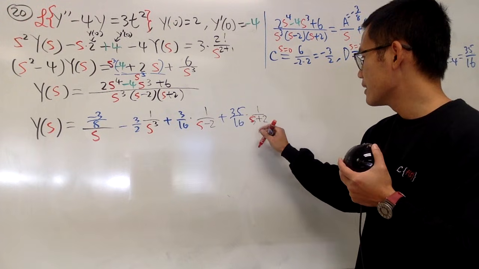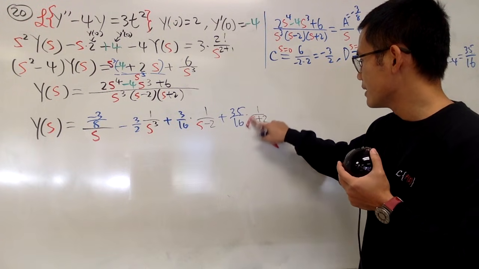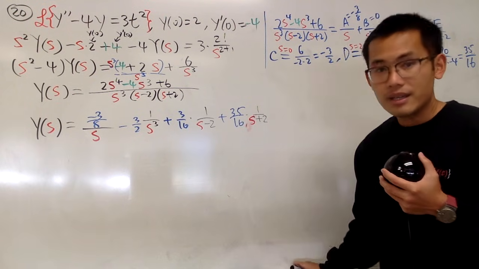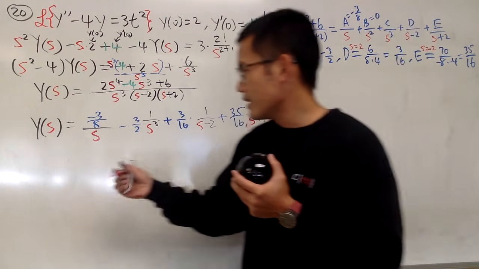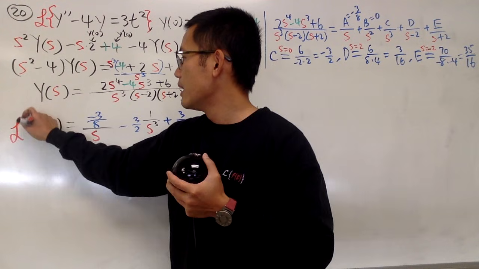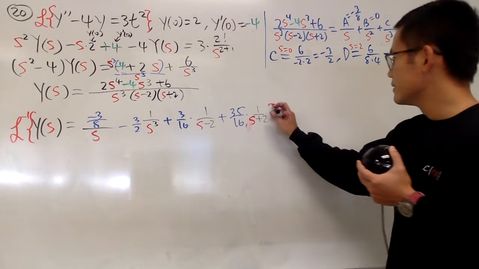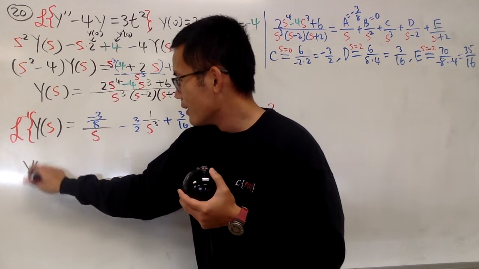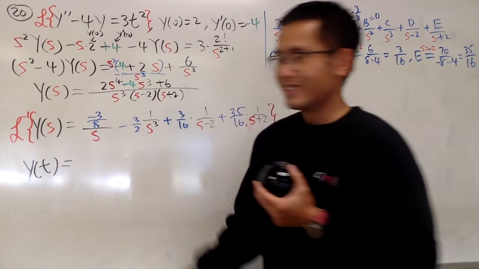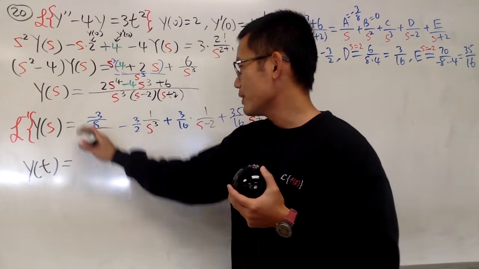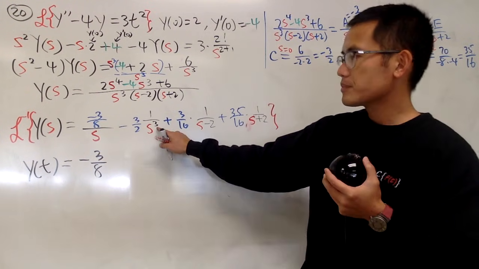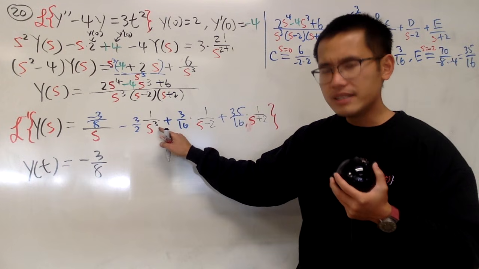All right, ladies and gentlemen, I'm so sorry about this, but here we go. Take the inverse Laplace on everybody now. So just calm down a little bit. I know I'm the only one who's nervous. So the first one you get is negative 3 over 8. Next one, notice that the n is equal to 2.